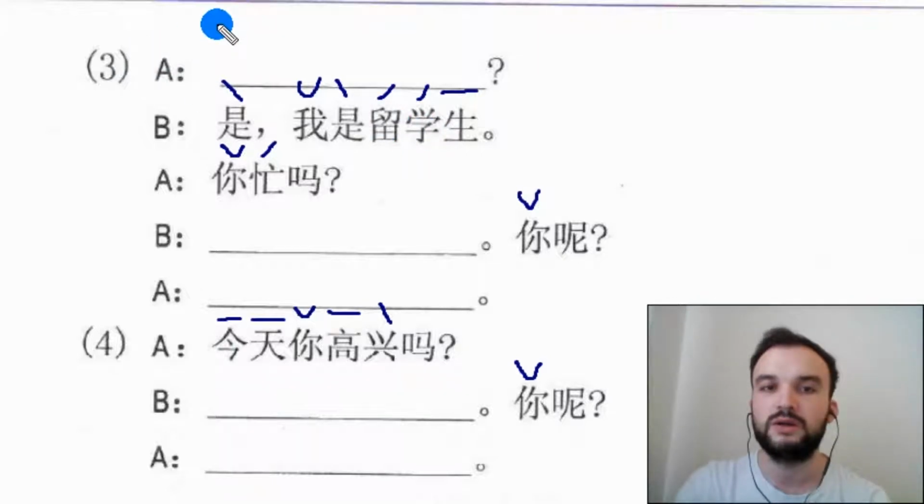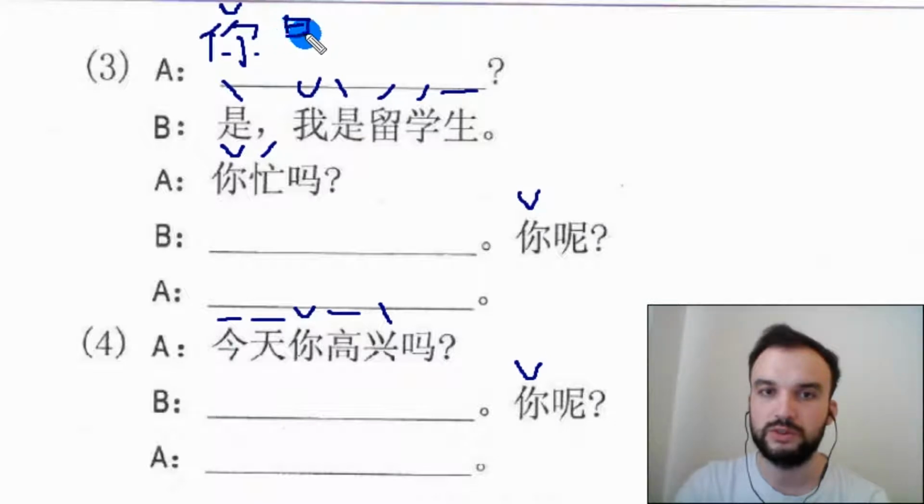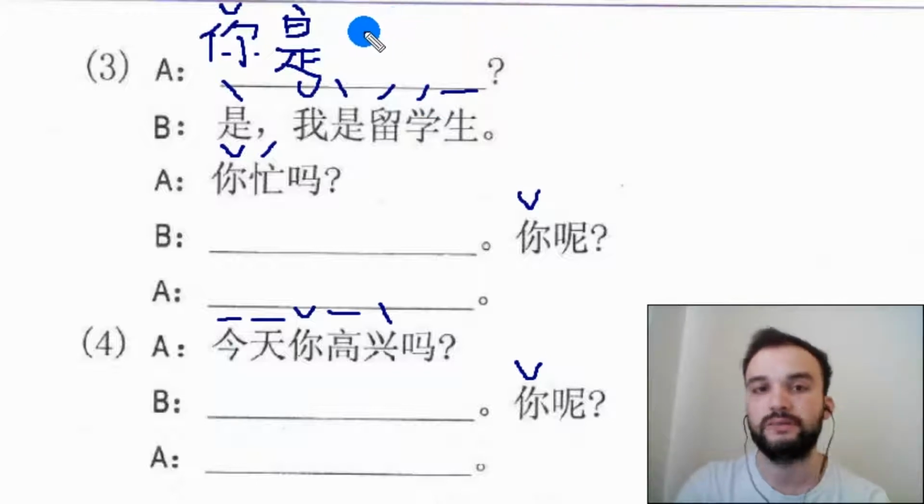First, our subject is 你, then 是, here we use 是. 你是留学生吗.